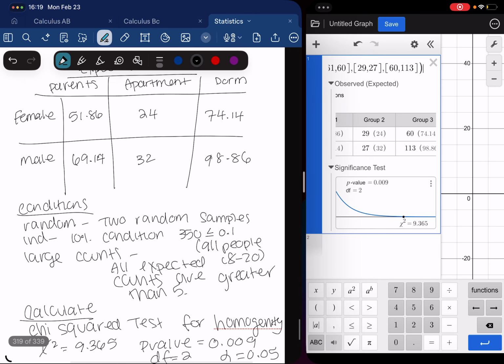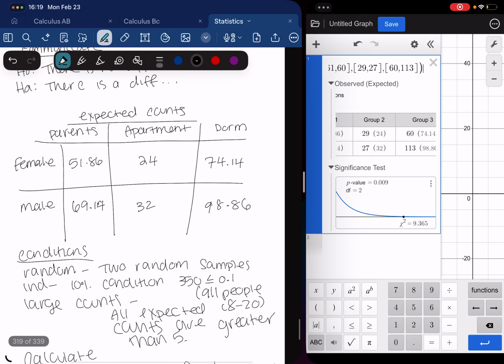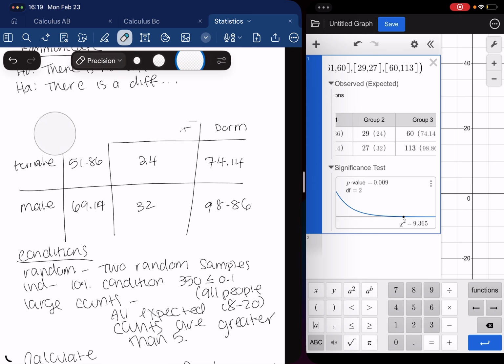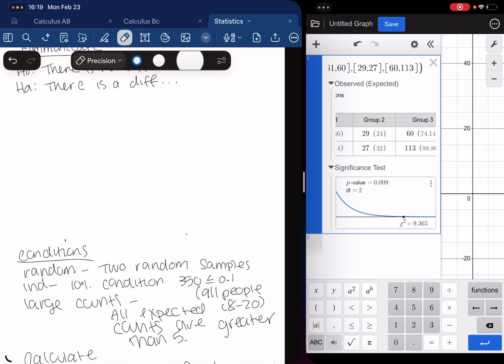Okay, since I am running out of room here, I'm just going to go ahead and erase this table so I can write my conclusion.